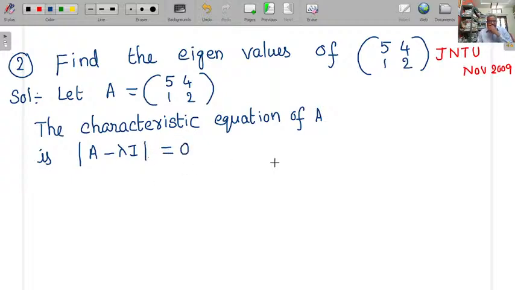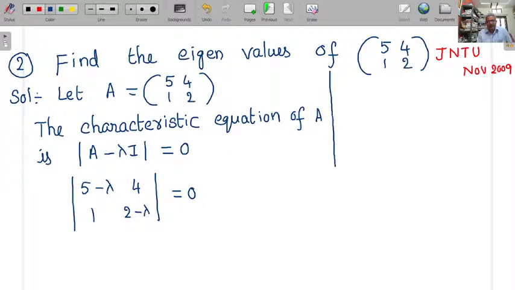So that means very simple. Just consider the principal diagonal elements. From the principal diagonal elements, just subtract lambda. So you are going to get 5 minus lambda, 4, 1, 2 minus lambda, and the determinant of this one is equated to 0. How to find the determinant of a 2 by 2 matrix? Very simple. That is AD minus BC you need to follow.